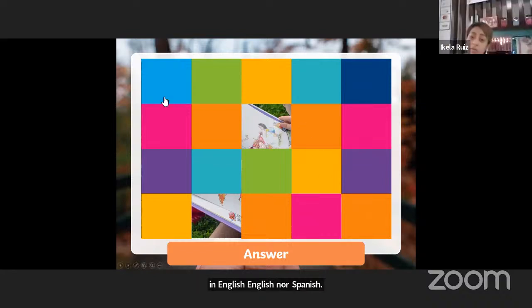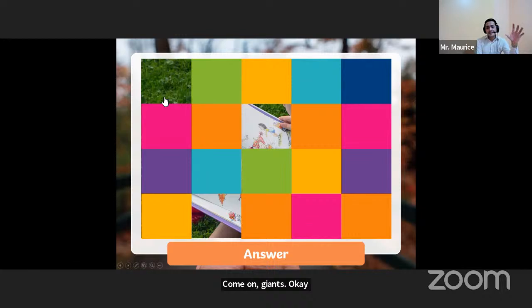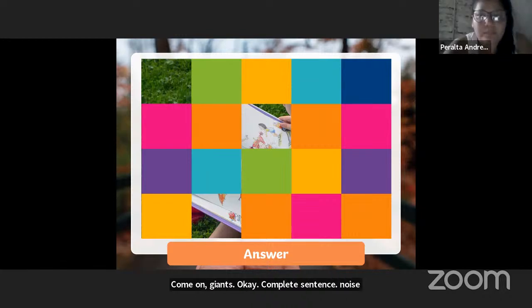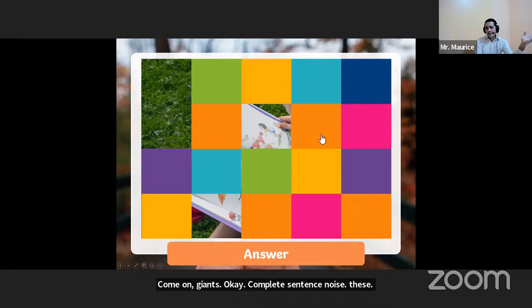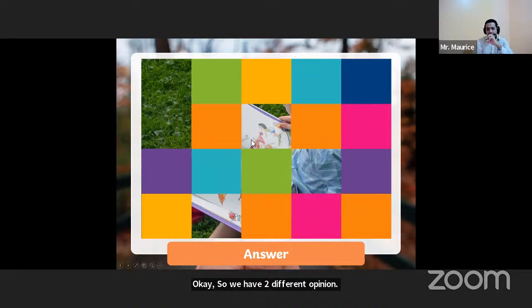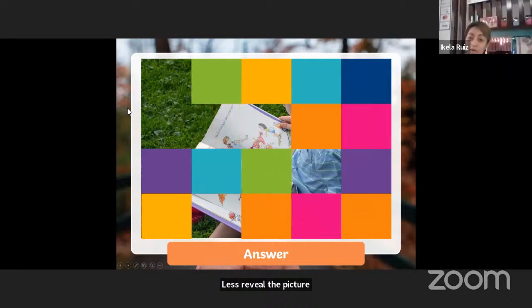Drawing. Okay, complete sentence. The boy is drawing. Okay, so we have two different opinions. Let's reveal the picture. Drawing. Oh. It's reading.